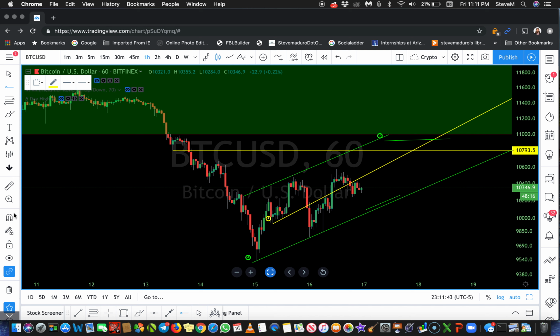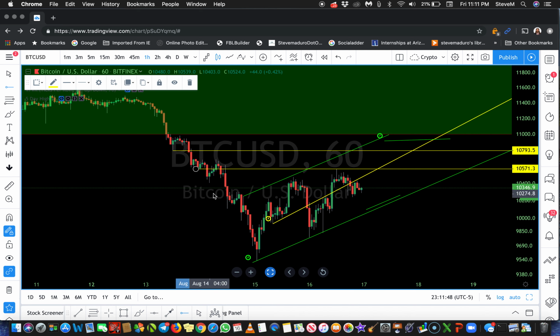So I'll do my ray. Also in this area here. Okay, so that's a good supply zone. We have consolidation in this area, another good supply zone. But then also, if we look here, I think somewhere along in there is a good area. So for me, I just mark these zones.